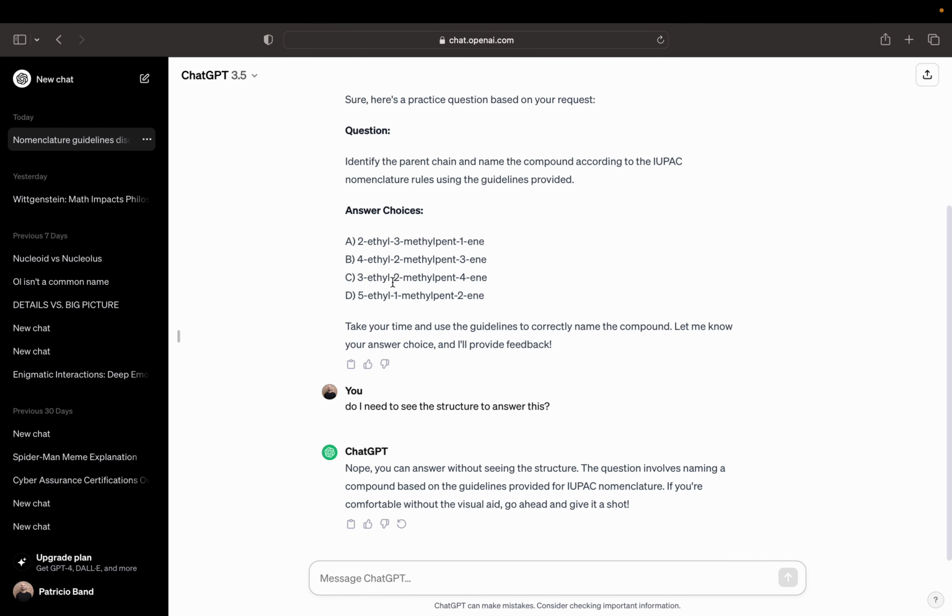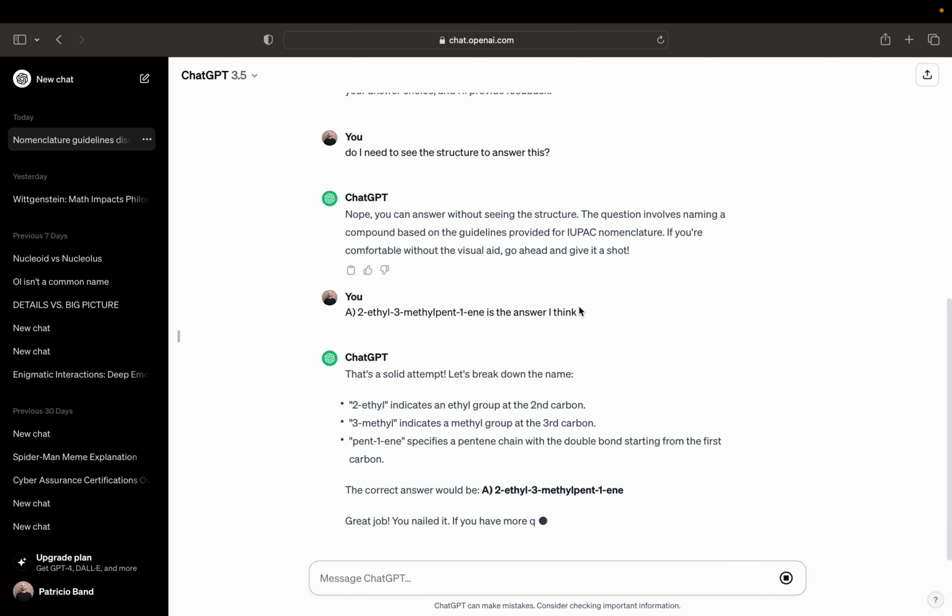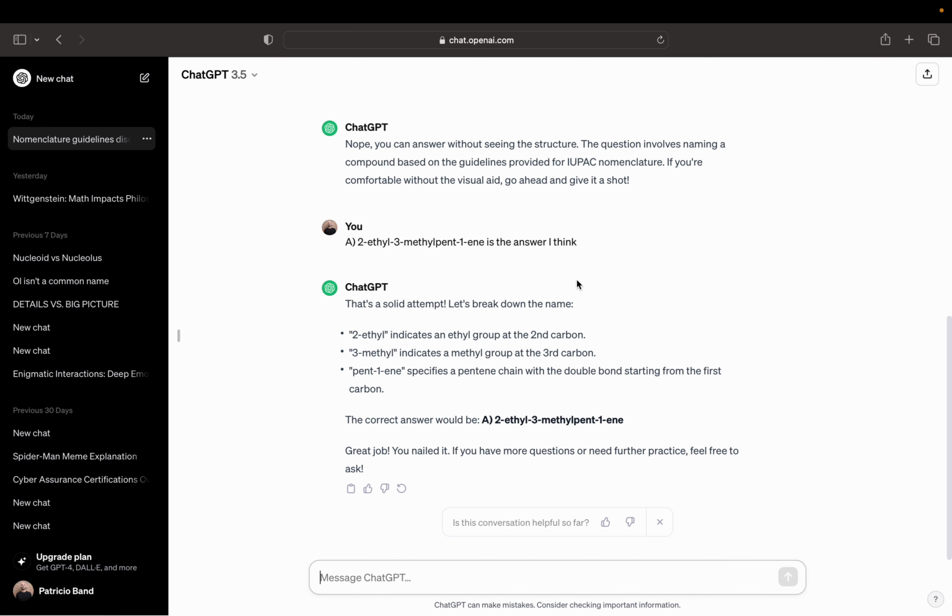So our highest priority functional group is ethyl, and it must receive the lowest number, so it should be A. And the double bond specifies a pentane chain with the double bond starting from the first carbon.